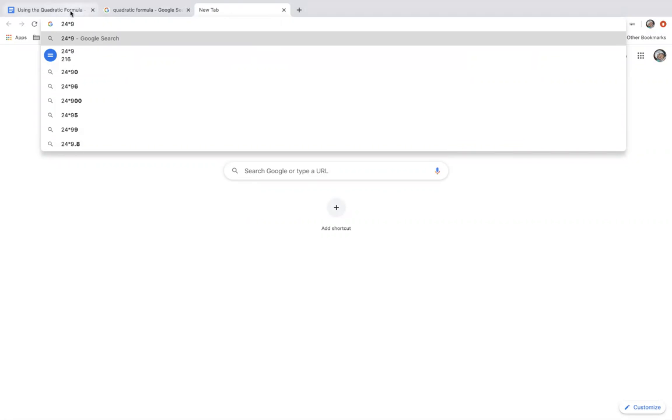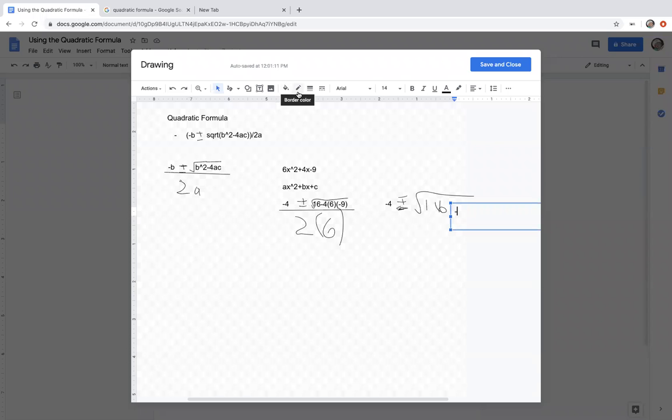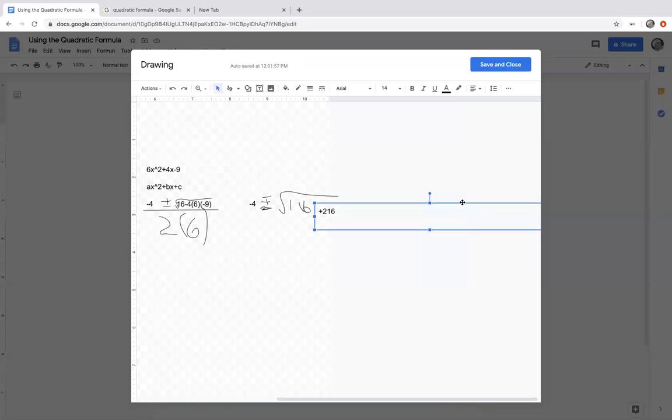So let's go back here, 216. Let me just recheck this. Since negative 4 and negative 9 become positive, plus 216. Sorry, I did this incorrectly. It would just be 16 plus 216.